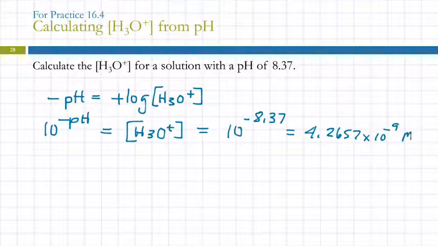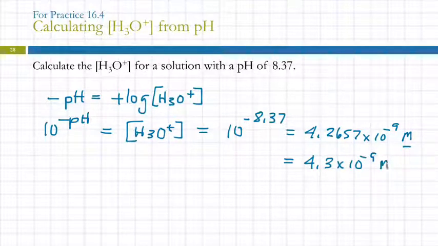The unit's molarity. How many significant figures should that number have? Two past the decimal. For the pH, only the numbers after the decimal point count. So the 3 and the 7 are what give us the 4.26 business. The 8 comes from the 9. So we would express this as 4.3 times 10 to the minus 9 molar.